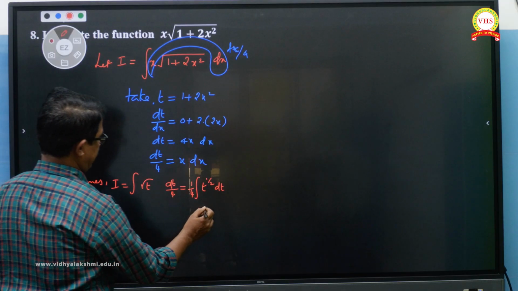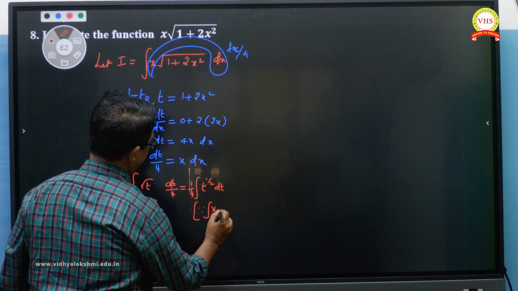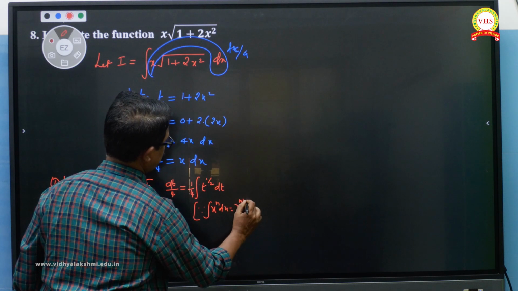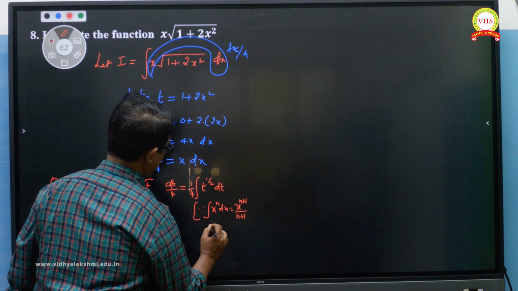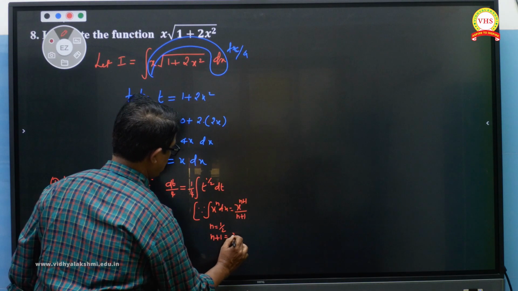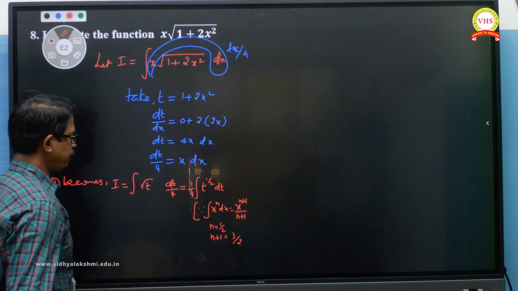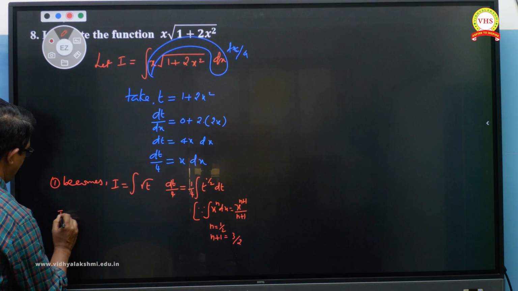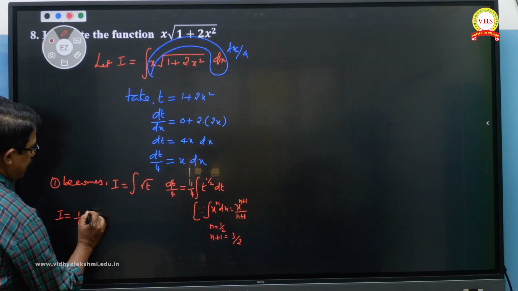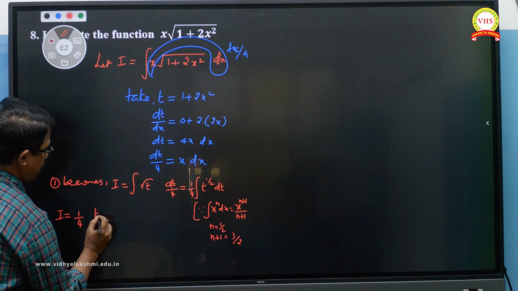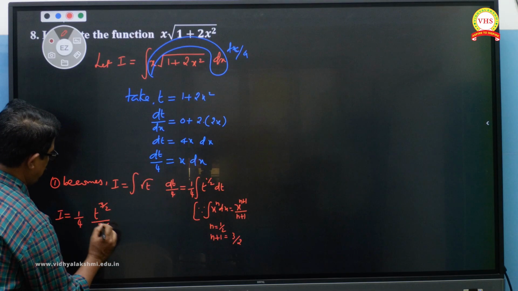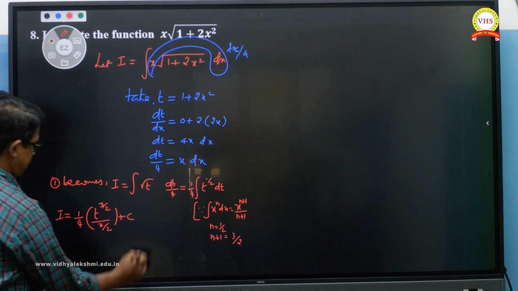By the method of integration, the formula is the integral of x power n dx equal to x to the power of n plus 1 by n plus 1. Here n equal to 1 by 2, then n plus 1 equal to 3 by 2. That is, I equal to 1 by 4 into t to the power of 3 by 2 divided by 3 by 2, plus c.